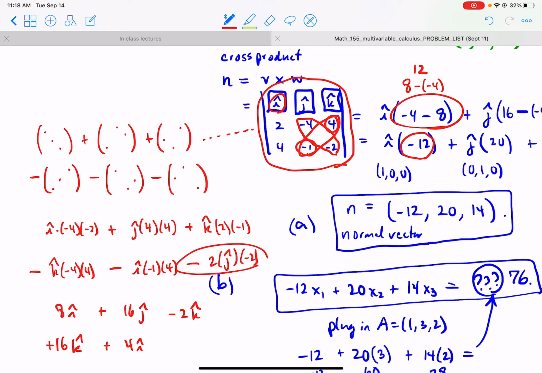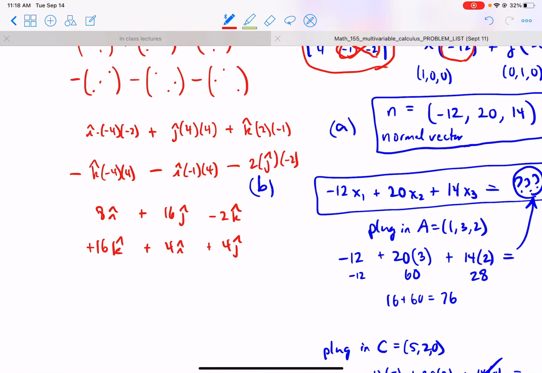This is minus, or no, it's plus 4 j hat. Okay, so now let's collect all the i hats, there are 12 of them. All the j hats are 20 of them. And all the k hats are 14 of them. So this is n. This is v cross w.